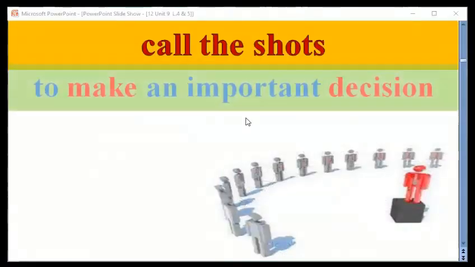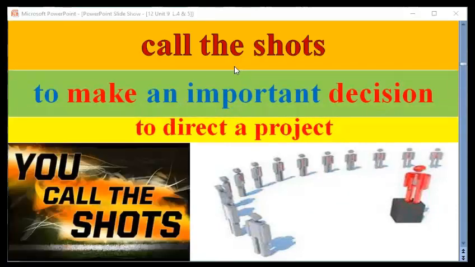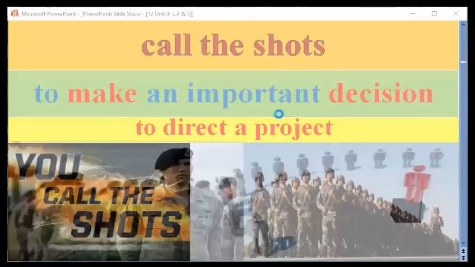Here we can have a look at call the shots, to make an important decision, or we can say to direct a project. So call the shots, to make an important decision, to direct a project.